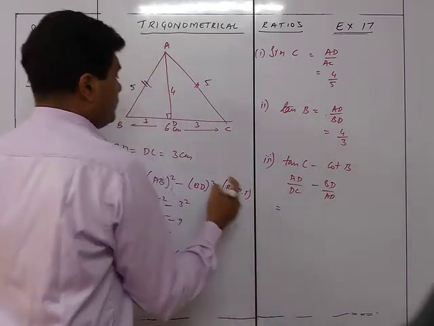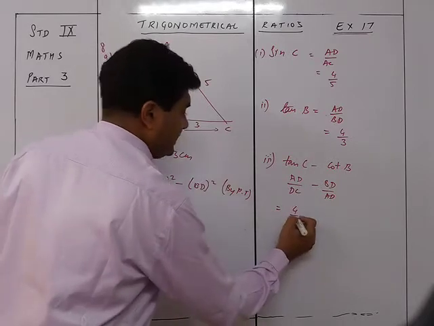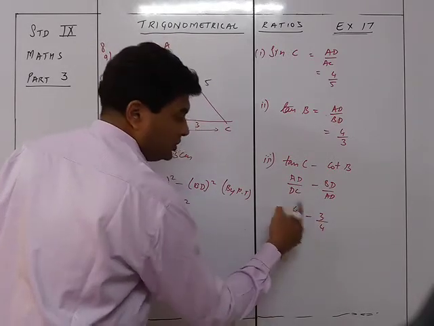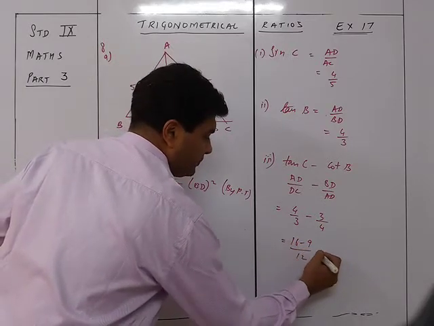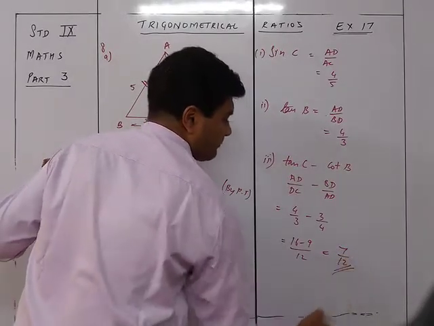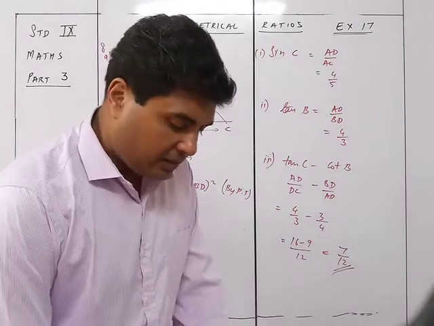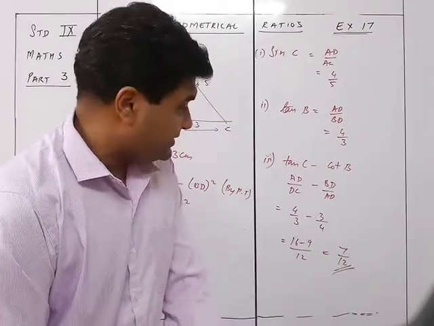So that gives you AD is 4 and DC is 3, minus BD is 3 and this is 4. The 16 minus 9 upon 12 is equal to 7 upon 12. So that's the answer. So the answer for sum number 8 is 4 upon 5, 4 upon 3 and 7 upon 12.